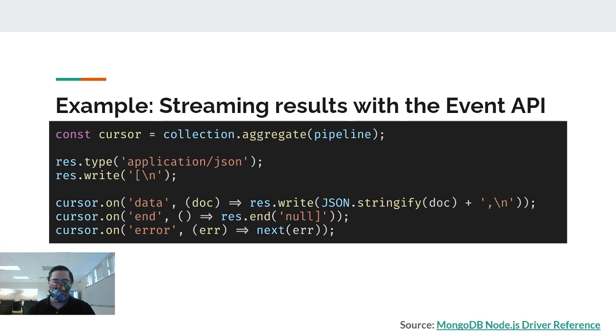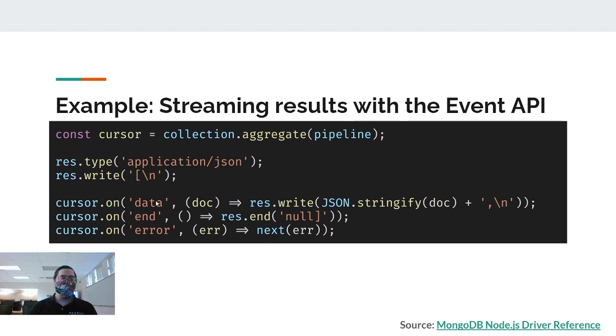And on works the same way as you're familiar with things working in jQuery on the front. You just say on this event name. So here I'm saying I want to do something when the cursor emits the data event. I want to do something when the cursor emits an end event. And I want to do something when the cursor emits an error event.